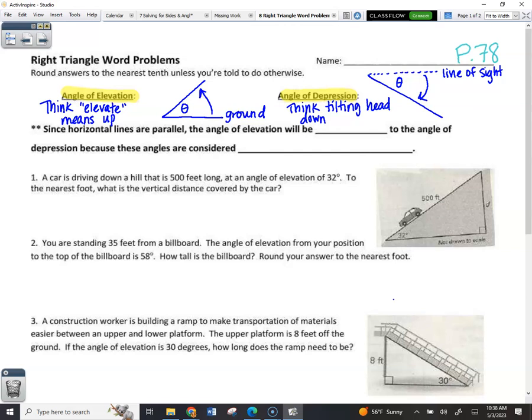If you have your angle of elevation, which always refers to the ground, then you have your line of sight, which is always referring to something up high and you're looking out. And then you have some angle of depression, and then you have an angle of elevation that's like right here. What can you tell me? What looks familiar here?